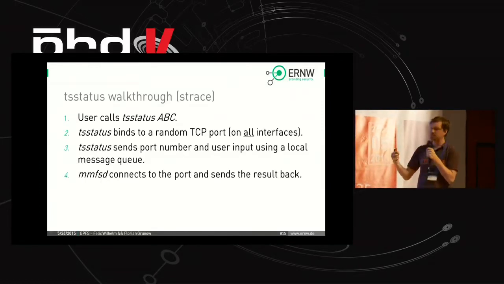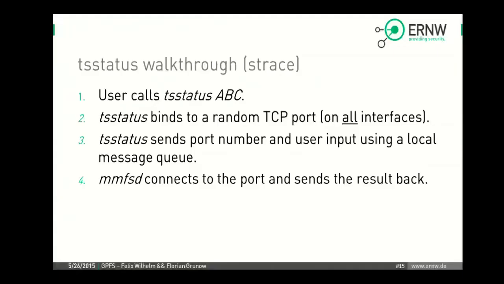Then the file system daemon, after reading the message queue, connects to the port and sends the result back to the binary. I'm going over this quite slowly because you have to understand what's really happening here, because this is really critical. And then tsstatus simply prints the result.